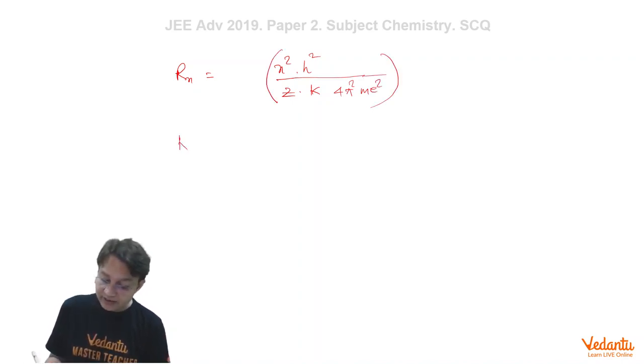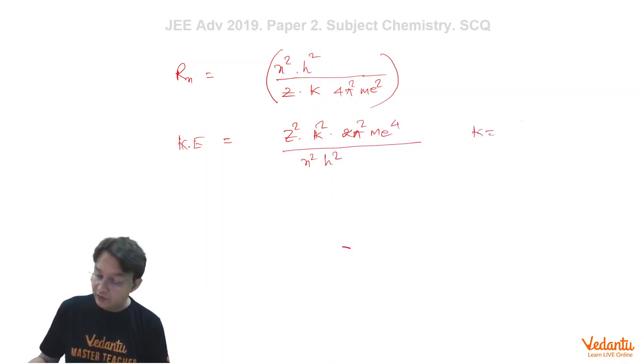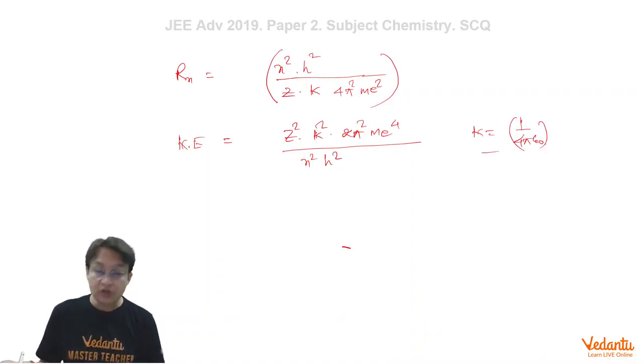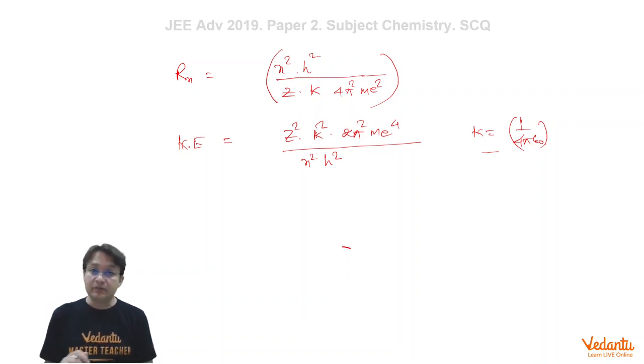Similarly, the kinetic energy is equal to Z square into k square into 2 pi square m e raised to the power 4 upon n square h square, where k is equal to 1 upon 4 pi epsilon naught. Even if you don't know the full expression, if you simply know how they are related to the constants n square and Z, you can solve the problem. So that is a conceptual problem, a very simple problem.